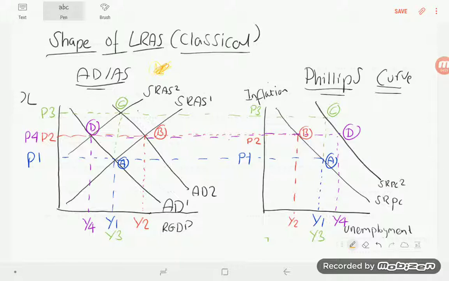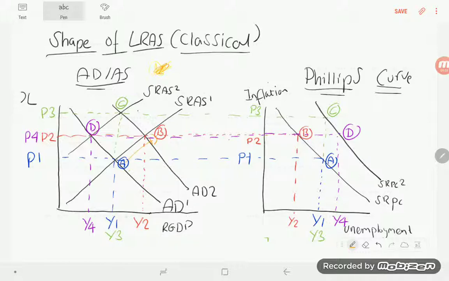Think of the Phillips curve as simply a scatter graph that plots inflation and unemployment. So, for instance, if I start at A, we can say that if the government wants to get more people into work, it could increase spending. This obviously leads to an injection in the circular flow, and as injections will exceed withdrawals, AD shifts to the right. So we get from A to B.